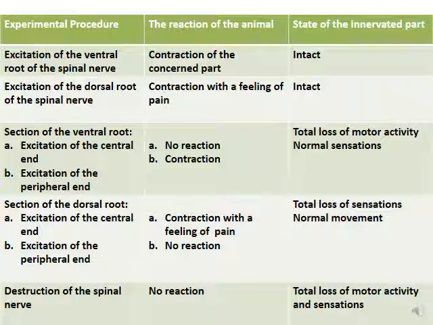So this one has a motor function. While after excitation of the dorsal root of the spinal nerve, we have contraction with a feeling of pain. This indicates that the nervous message propagates from the dorsal root toward the spinal cord, and from the spinal cord to the brain, and then to the concerned part.